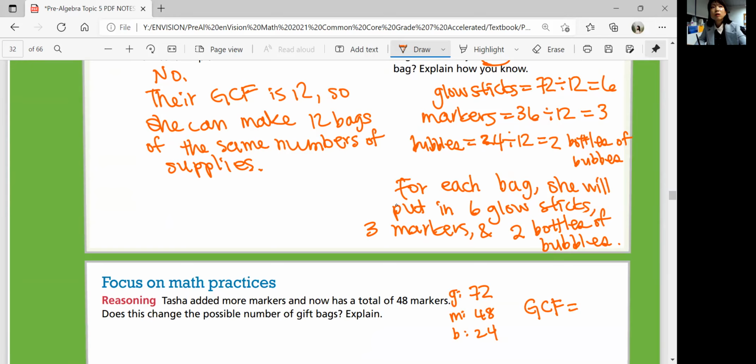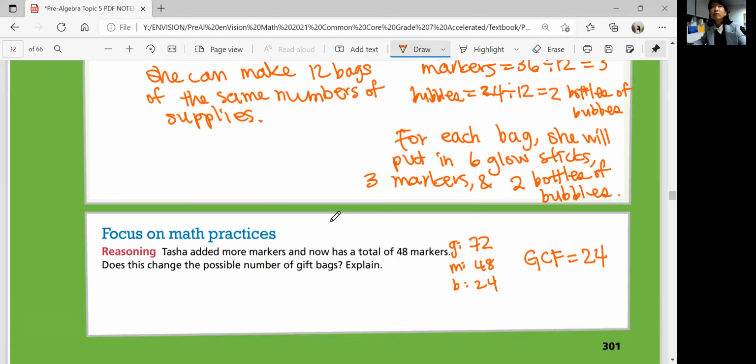Okay. So figure out the GCF for all 3 of them. Put the factors for 48 and see what's the best. 48 has 24 as a factor, and 24 would be the factor that could divide all of them, right? So GCF actually changes to 24.